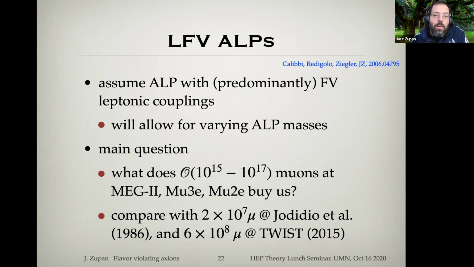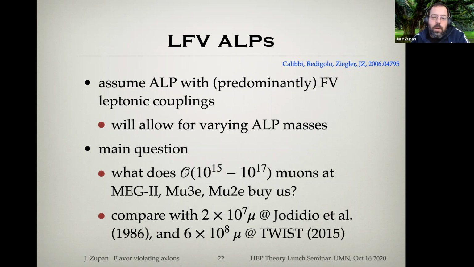All right, so the main question here is we have these facilities that will have 10 to the 15 to 10 to the 17 muons produced, MEG II, MEG-III, MEG-IIe. What can this buy us compared to what was measured, where roughly 10 to the 7 muons were used for bounds on the axion coupling?